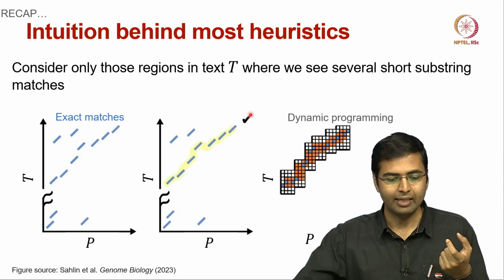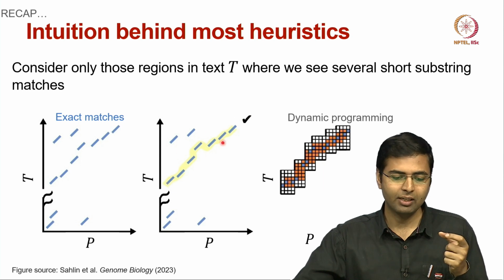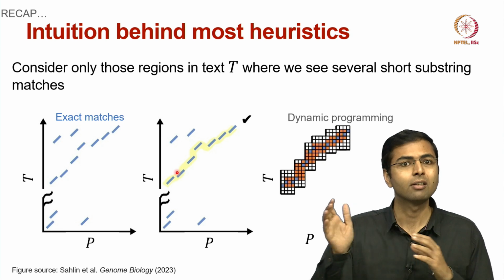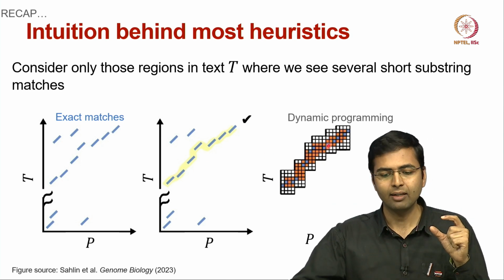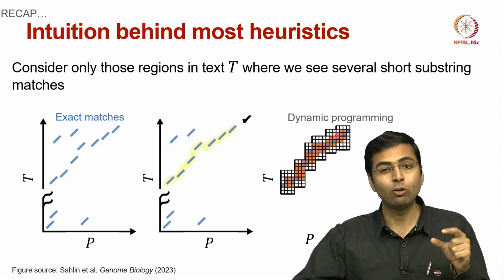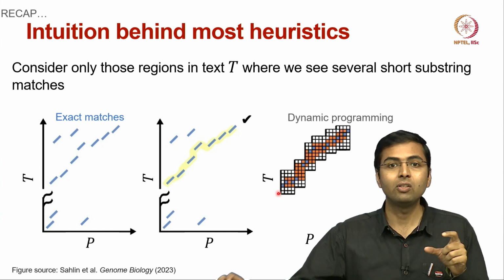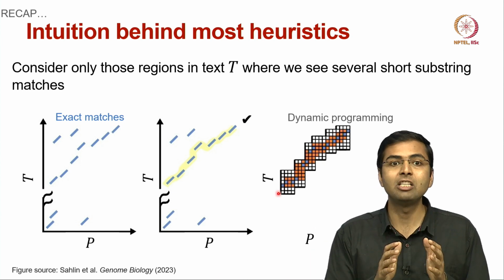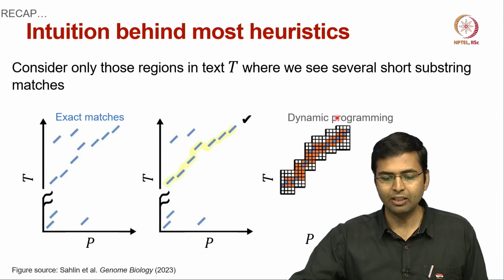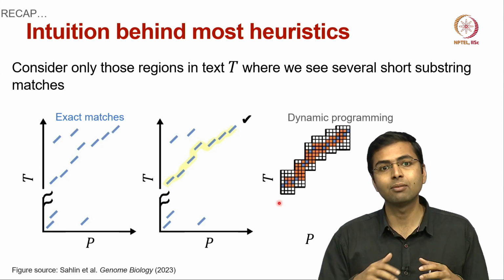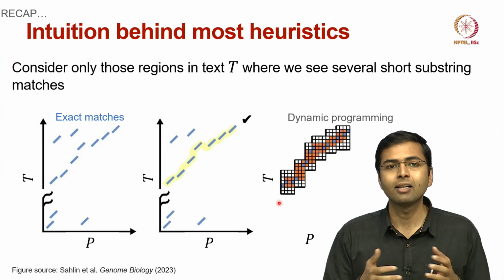The intuitive idea is to look for those regions in the text where we see a good enough cluster of these exact matches, and subsequently we can focus our dynamic programming recursion in only those regions that we think are the promising regions in the text. The hope is that such dynamic programming will give us the optimal alignment in practice.